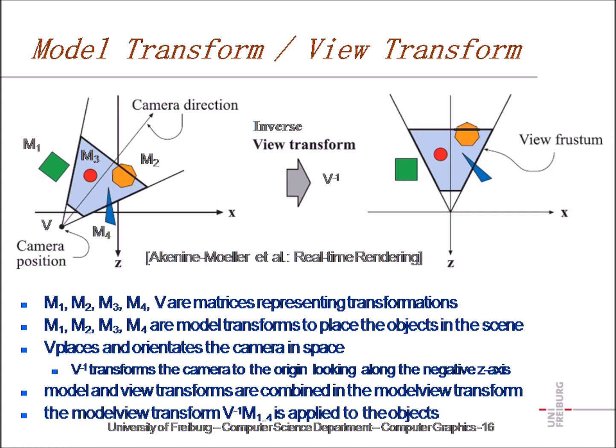The V inverse transforms the camera to the origin looking along the negative Z axis. The effect of the inverse view transform, that is V inverse, can be viewed on the right side of the figure. Here you can see that the direction of the objects changes because of applying the negative Z axis.